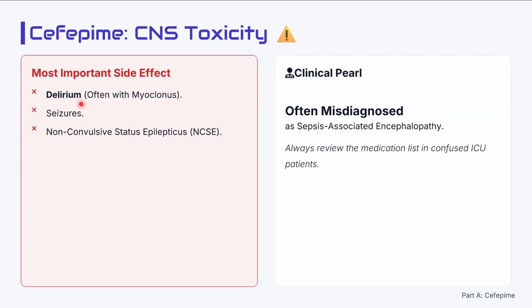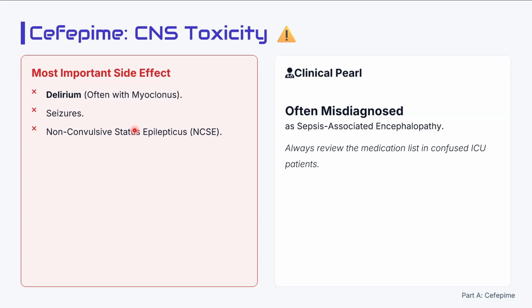CNS toxicity is the most important side effect that you need to know. It can present with myoclonus, delirium, seizures, and non-convulsive status epilepticus. So always keep this in mind and try to avoid cefepime in case of CNS dysfunction. Sepsis associated encephalopathy can also be a very close mimicker of cefepime-induced neurotoxicity.